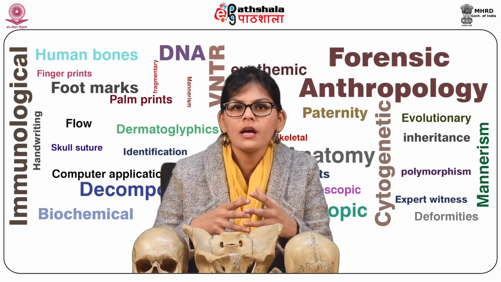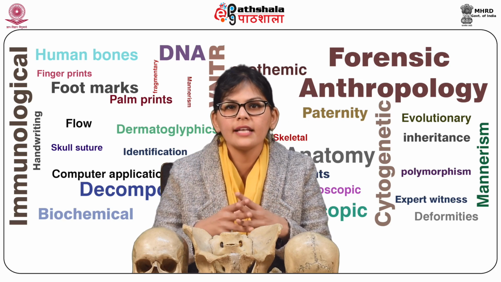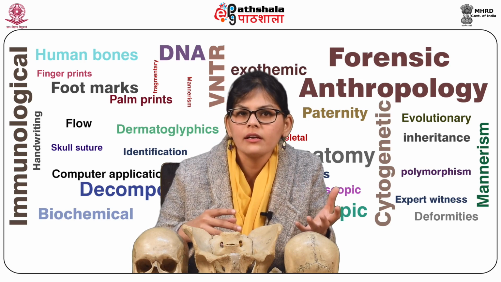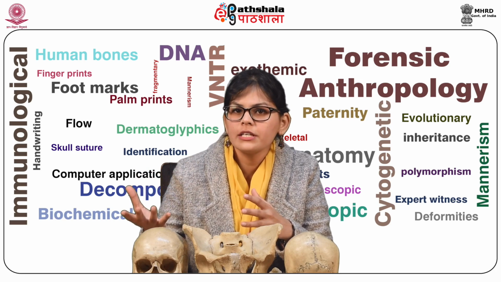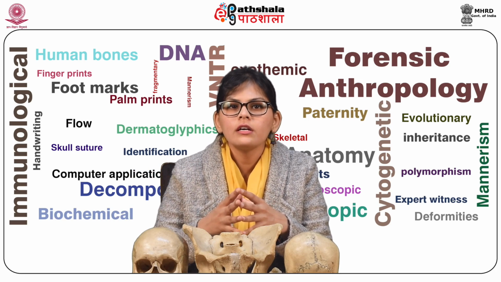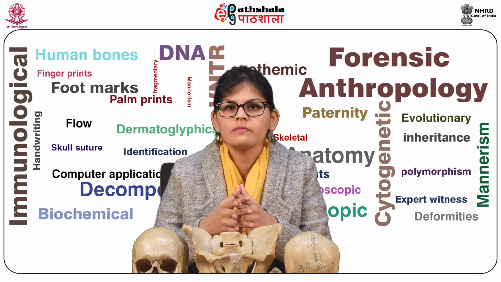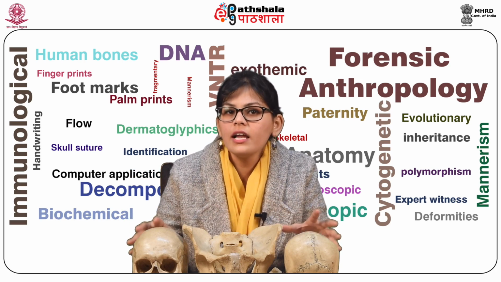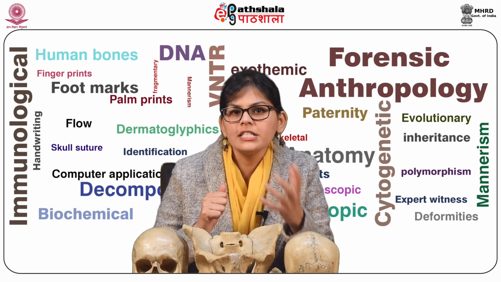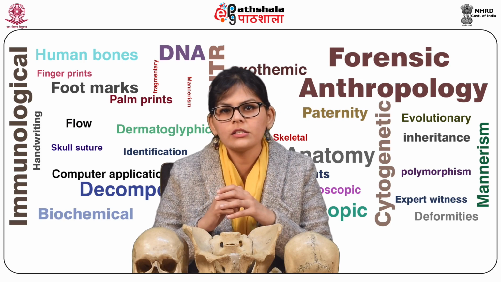It follows that the most obvious ethnic differences in the living are displayed either in the face or the integumentary system. So, the skull is the most studied skeletal element in this regard.